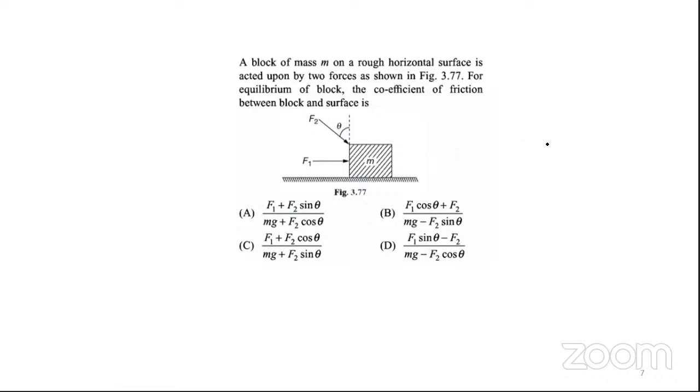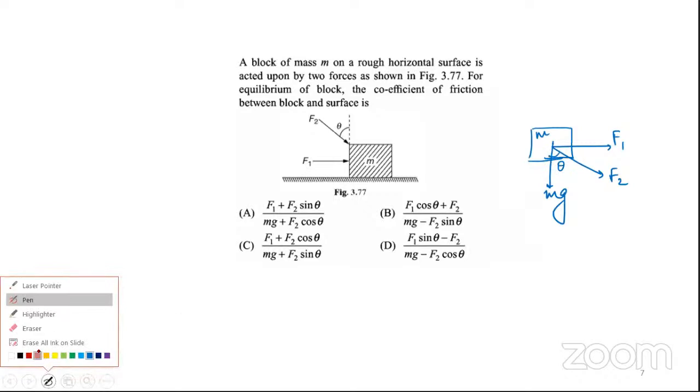Making the FBD of this mass, this is our mass M, mg acting downwards, force F1 acting this way, and force F2 is acting this way, and theta is given in this manner.